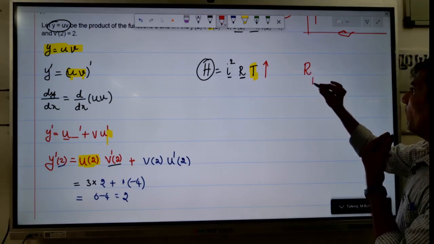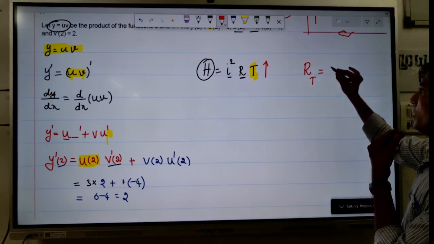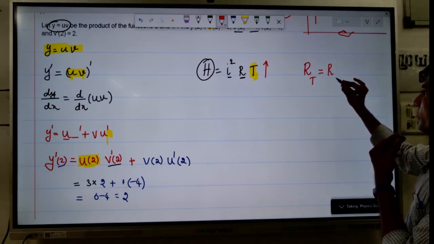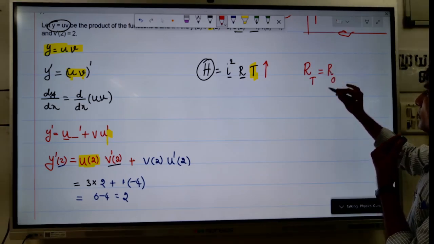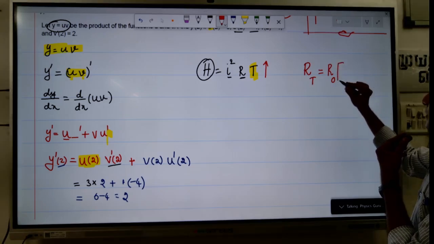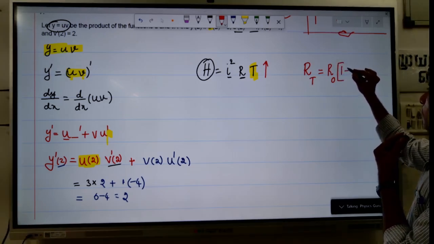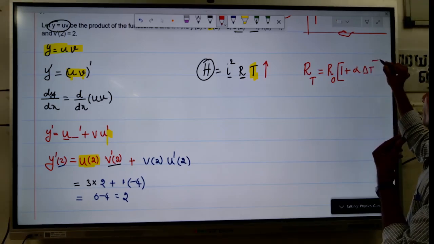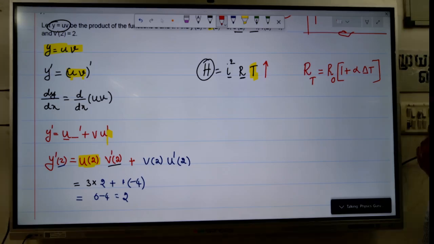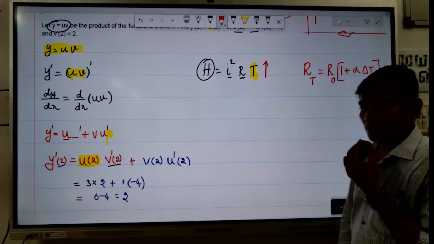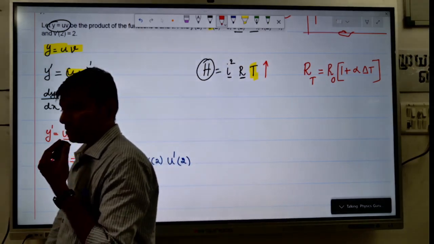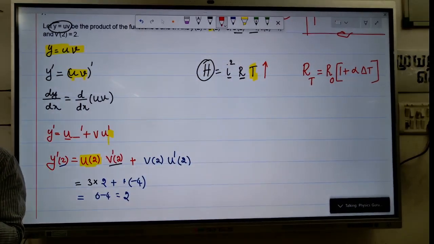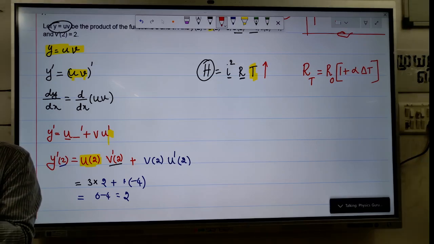Resistance at any temperature is equal to resistance at reference temperature multiplied by 1 plus alpha into delta T. இதுதான் ஃபார்முலா. ஸோ டெம்பரேச்சர் ஜாஸ்தியாக ரெசிஸ்டன்ஸும் ஜாஸ்தியாகி கரண்ட் குறைய ஆரம்பிக்கும்.